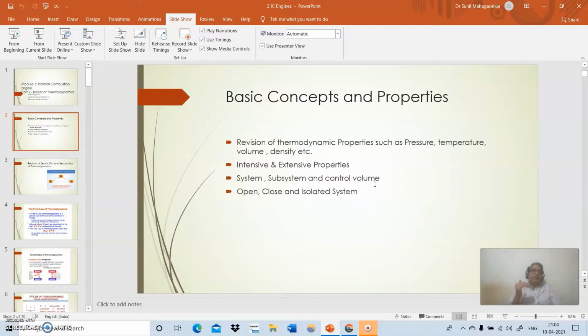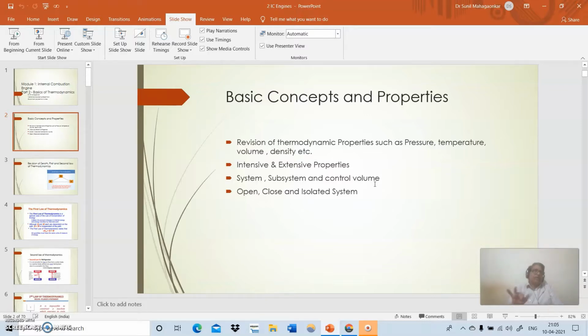But in thermodynamics, sometimes we use, for example, the ideal gas equation. What is the ideal gas equation? It is PV, pressure into volume, is equal to mRT, where m is the mass, R is the gas constant and T is the temperature. PV is equal to mRT.